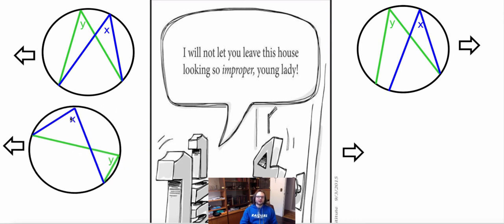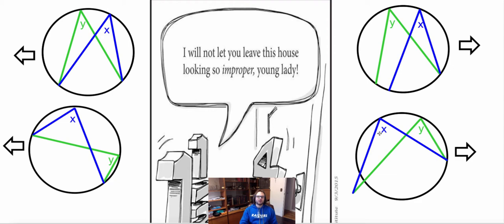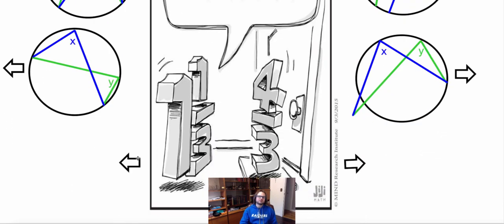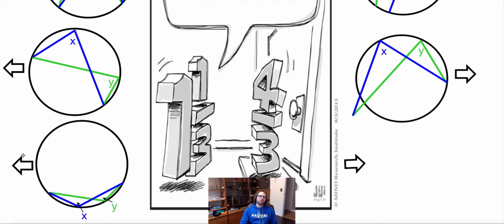I have angle x and angle y, and these two angles are the same. Over here, I have angle x and angle y. Now, angle y and angle x are not the same. Let's take a look at one more. Over here, I have angle x and angle y.